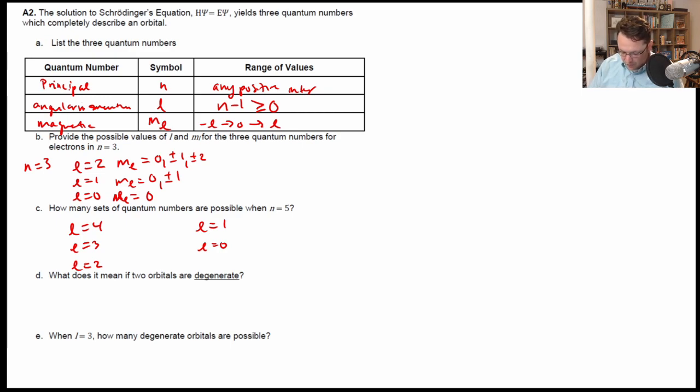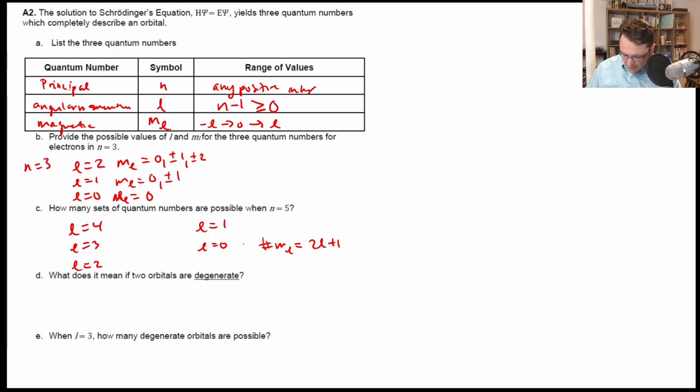For each one of those, the equation you can use is that the number of orbitals, or the number of possible m sub L values, is always equal to 2L plus 1.